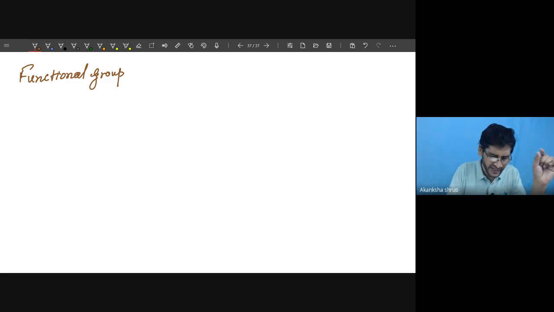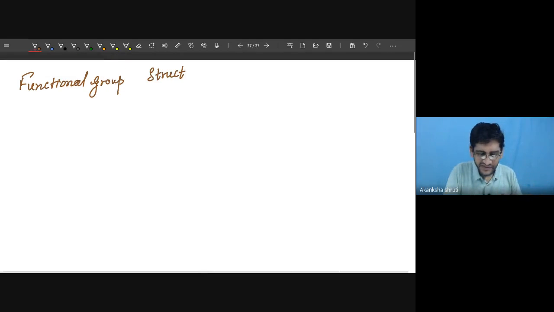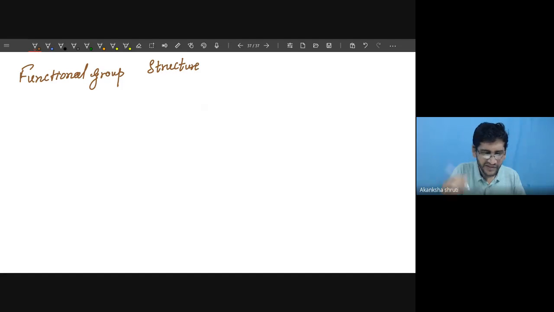Okay, so its structure, and in naming, how it is named, whether as prefix or suffix, by adding which alphabet in that.